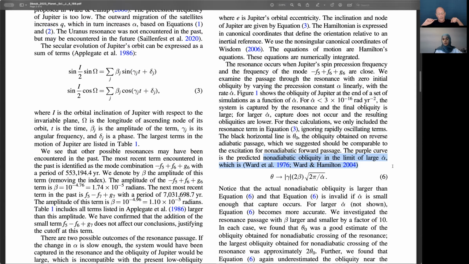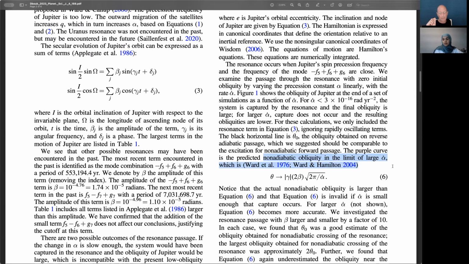The reason this is important is because the current obliquity of Jupiter is not very high. And we found, using n-body simulations and the new determination of the moment of inertia, that the obliquity of Jupiter currently is oscillating. It's not in a resonance with any other mode. So if we're going to explain the obliquity of Jupiter using some resonance, it must be a resonance that was crossed but not captured.